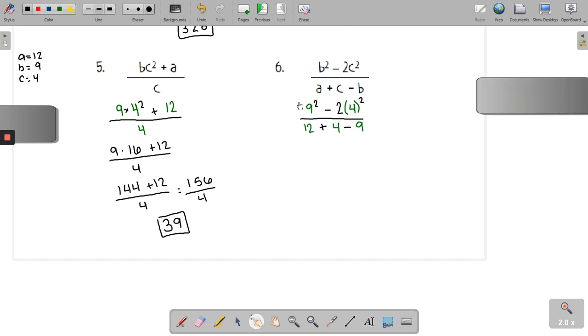And when we do that, we get 9 squared minus 2 times 4 squared, all divided by 12 plus 4 minus 9. We're going to look at the numerator first. The first thing we can do is our exponents. So 9 squared is 81. And then we can do our 4 squared, and 4 squared is 16.